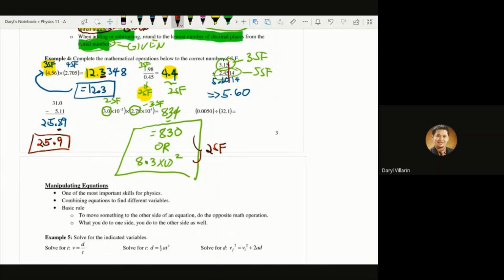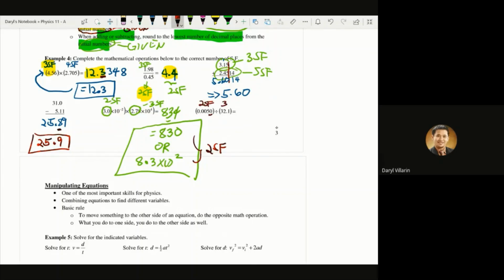Okay, and then lastly here, you have 0.0050. So again, you have 0, but this is a different case from 710 earlier. You have a decimal in front here. And after a non-zero, the 0 here is considered as significant. So therefore, the first number has 2 significant figures.